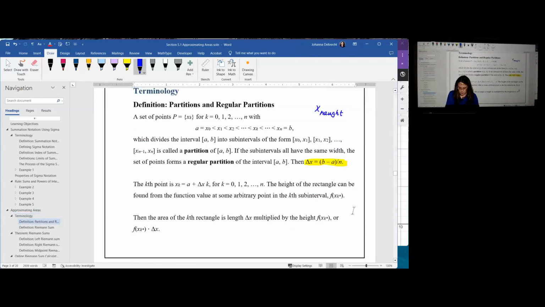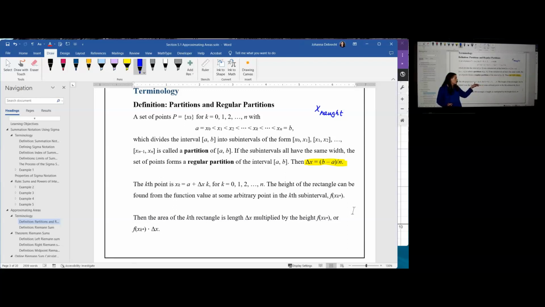When we do this, we call this a partition, and we're going to take some value in each little subinterval, say between x1 and x2, and we're going to find the value and compute the height of the rectangle at that point. We can write the kth point as the left endpoint A plus delta x times k, letting k start at 0 and go to n. That means the first time, don't add a delta x, so that x naught becomes a.